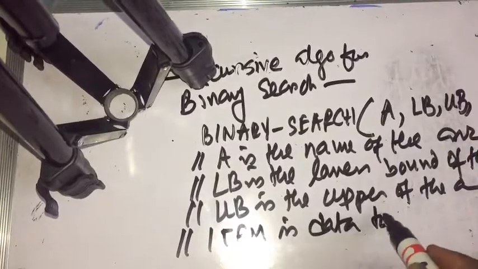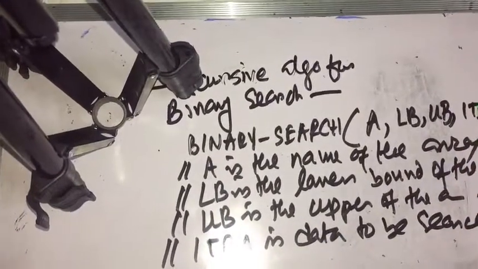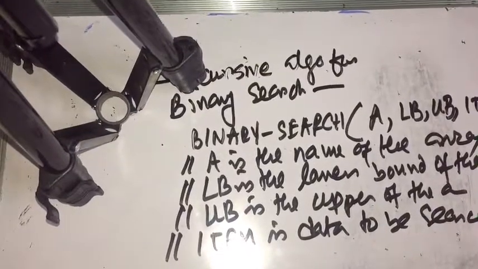So the element that I have to search for is the item. These are the parameters of the binary search algorithm.